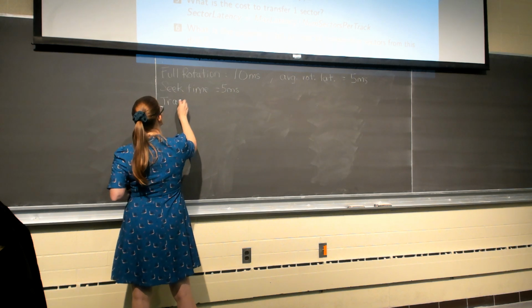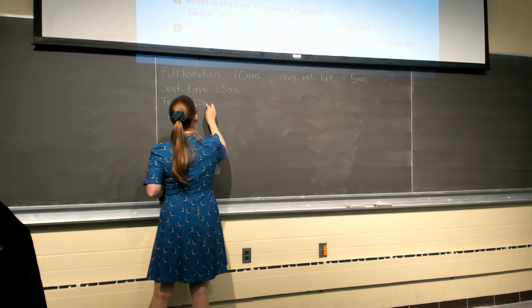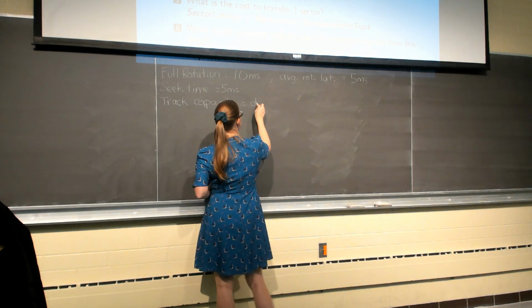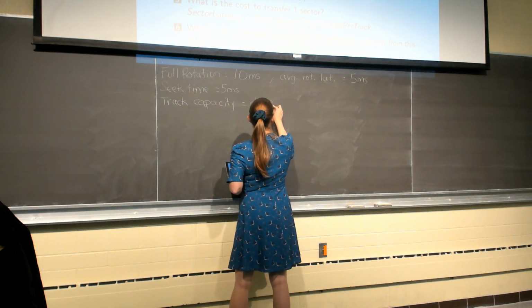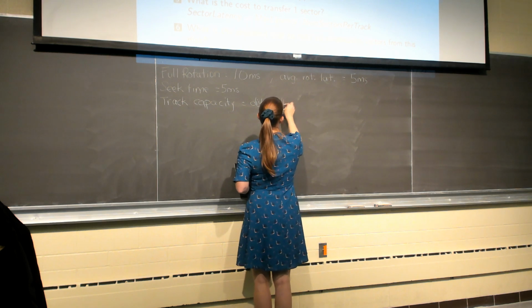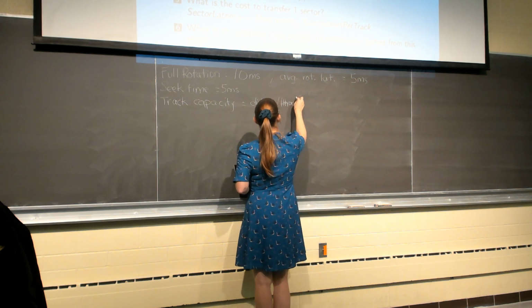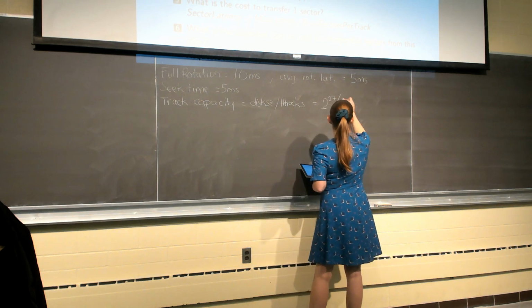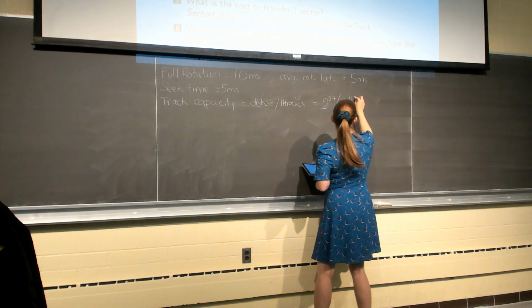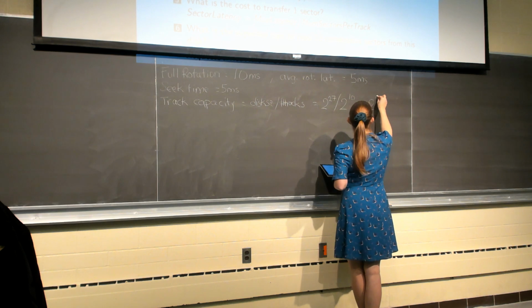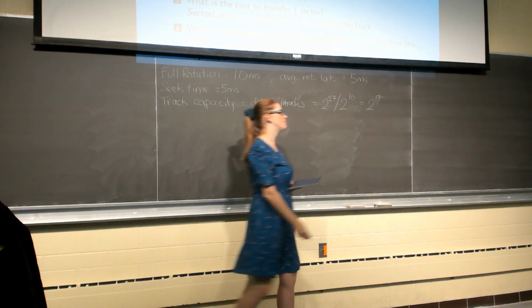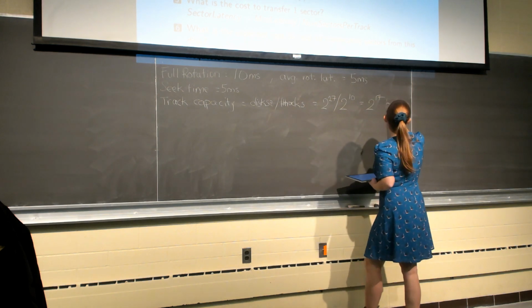The track capacity is the disk size divided by the number of tracks. So this is going to be 2 to the 27 divided by 2 to the 10. That means we should have 2 to the power of 17 bytes per track.